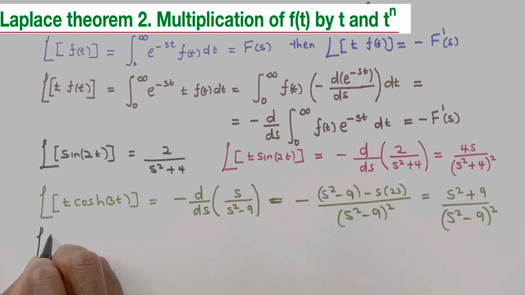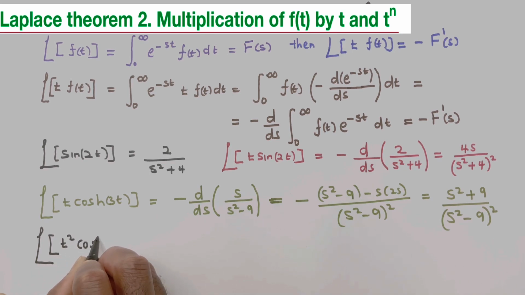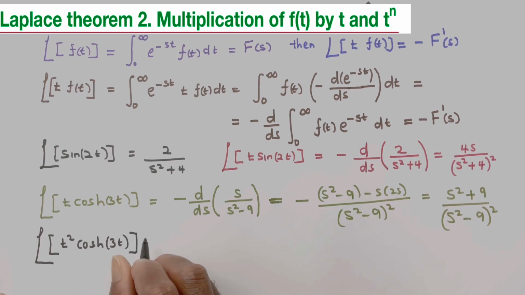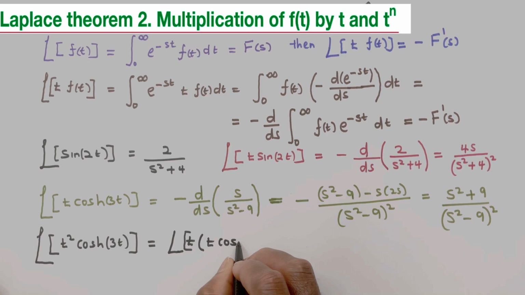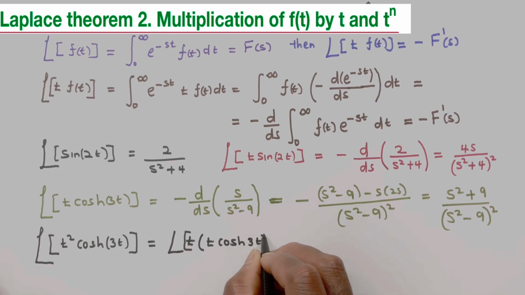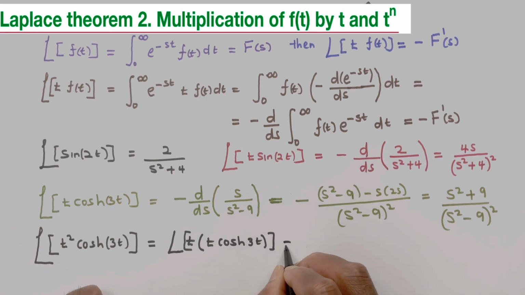Let's do another example where we multiply the f of t by t squared. So f of t is cos 3t. In this case, we're going to split it up. So we do Laplace t of t cos 3t. We've just done the t cos 3t, so again we're just going to differentiate with respect to s.